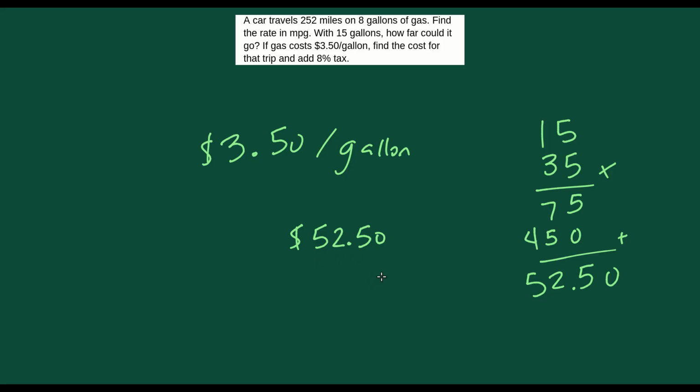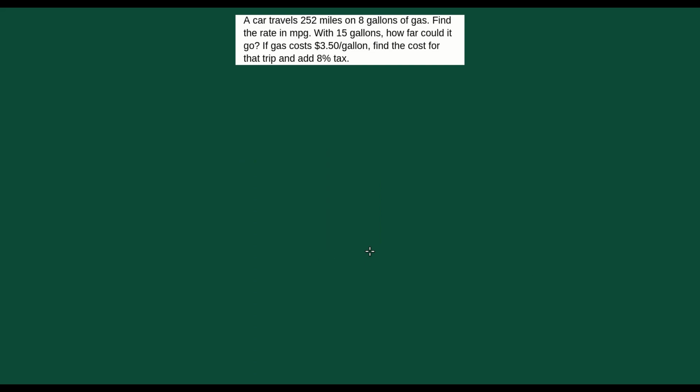And our fourth part is, let's add an 8% tax. Okay, so we have $52.50. And they're asking us to add 8% tax. Okay, so 8% is the same as 0.08.